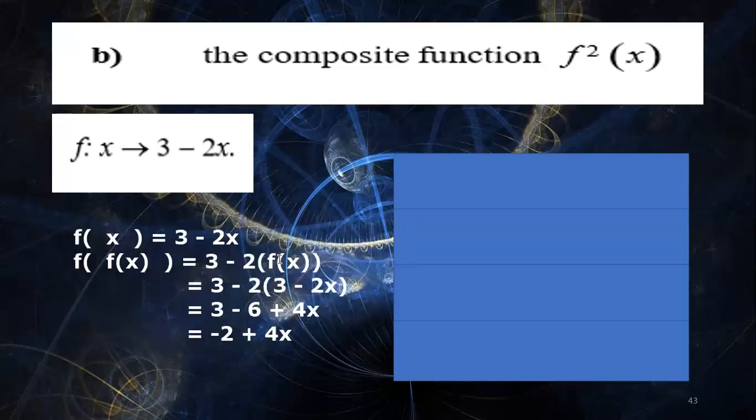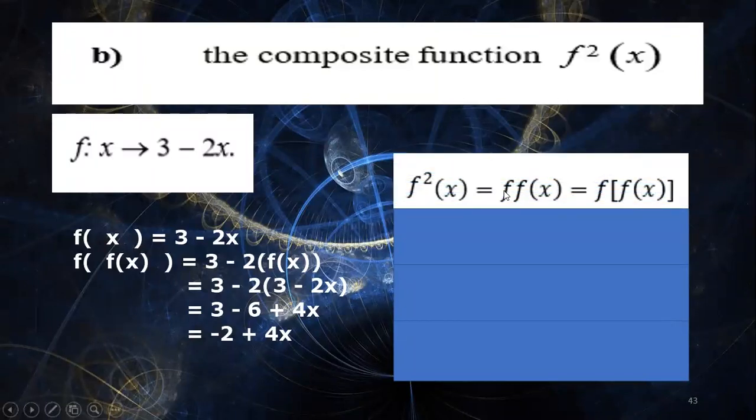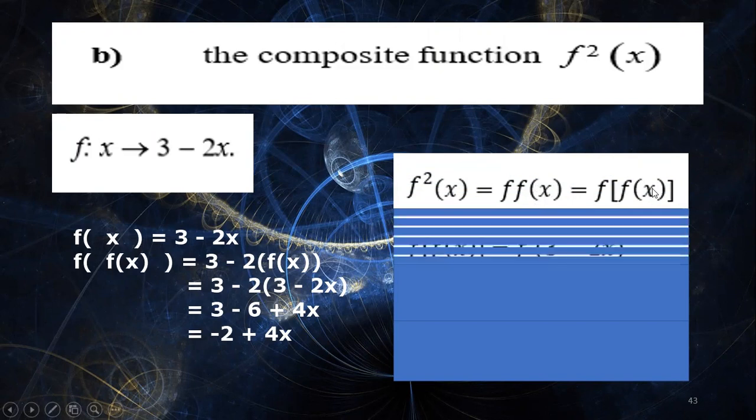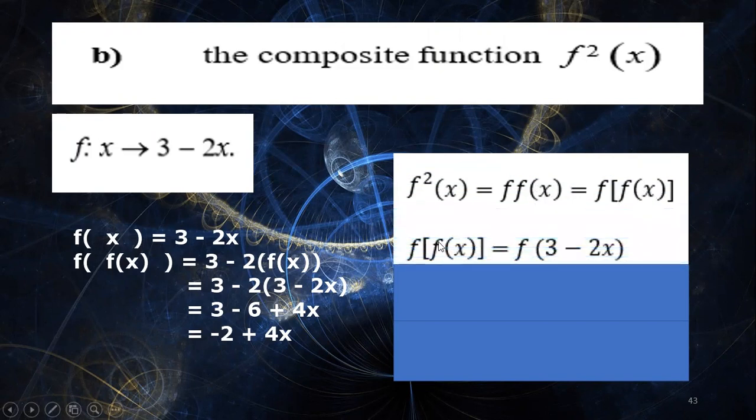Now, let's contrast what we did on this side with what we're going to see happening on this side. f2 of x is f of f of x. So far, so good. Next, f of f of x is equal to f of 3 minus 2x.